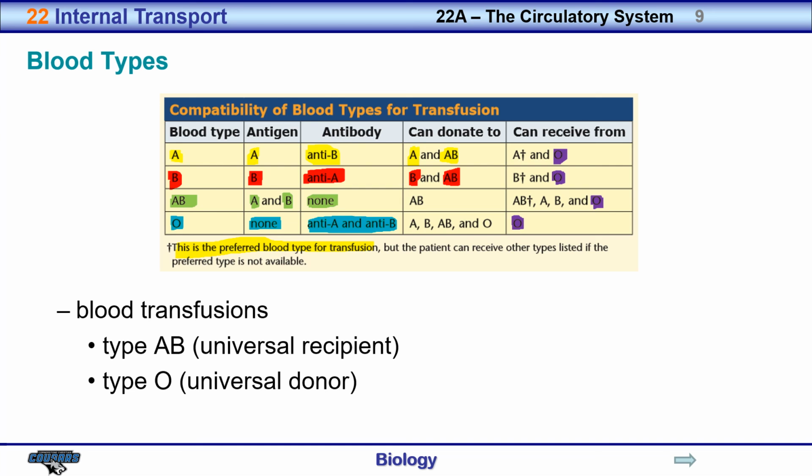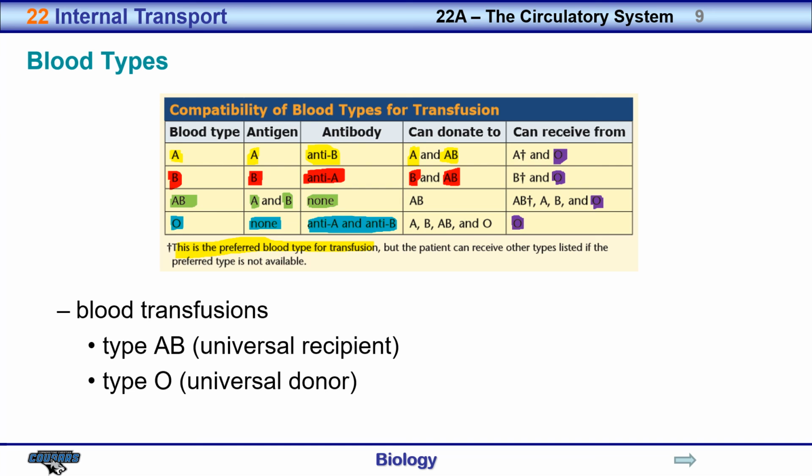Now, normally the human blood doesn't possess any anti-Rh antibodies automatically. It's a little different than the ABO. In ABO, if you had blood type A, you had the A antigen, and you automatically had the anti-B antibody. But with Rh, it doesn't quite work that way.